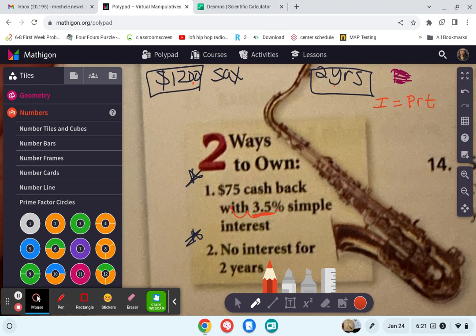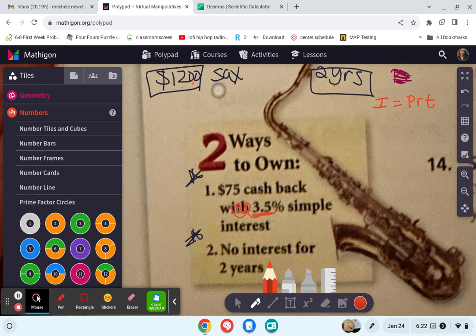It will no longer be a percent. Then you're going to multiply your principal amount times the rate of 0.035.